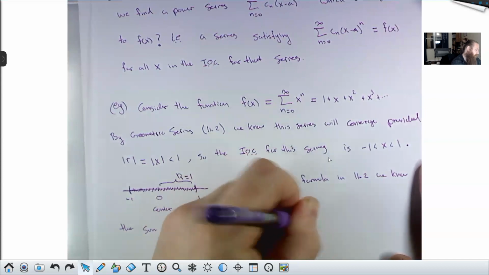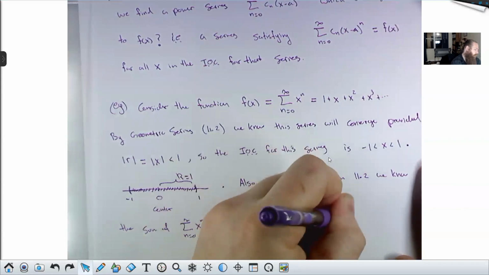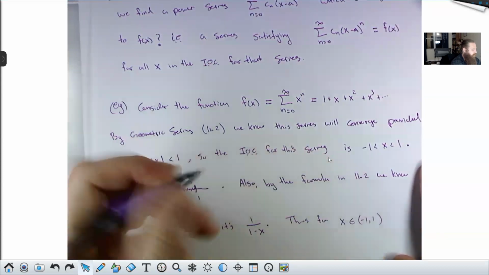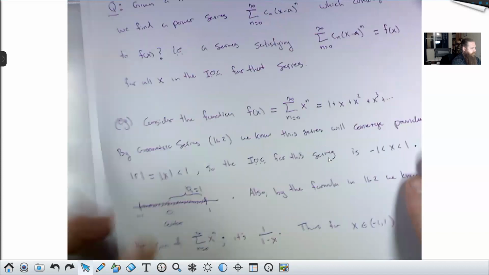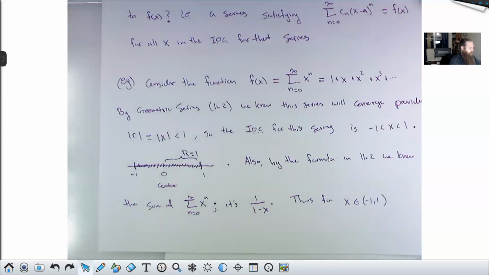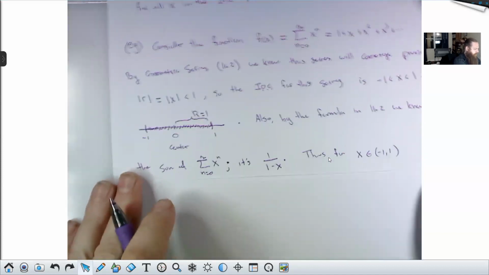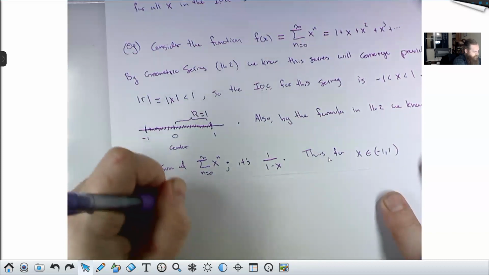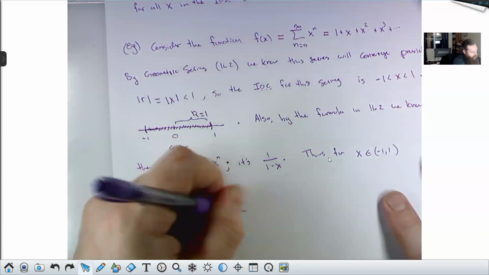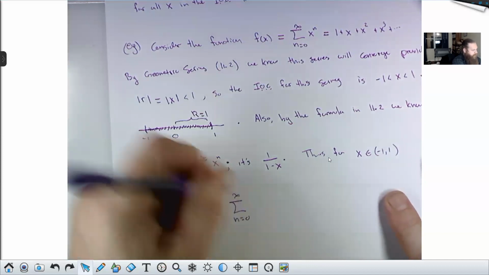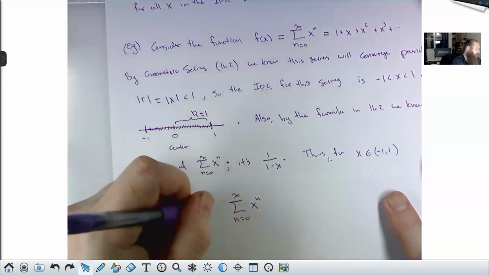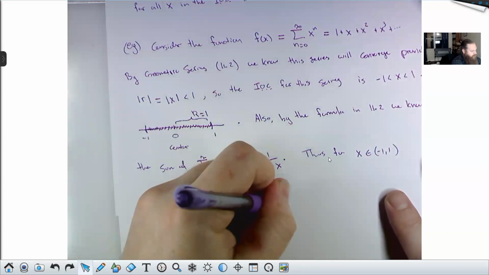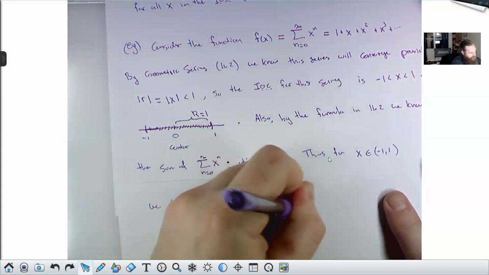Thus, for x's in the interval -1 to 1, we have sigma n from 0 to infinity of x to the n, that's my function f of x, is actually equal to 1 over 1 minus x.